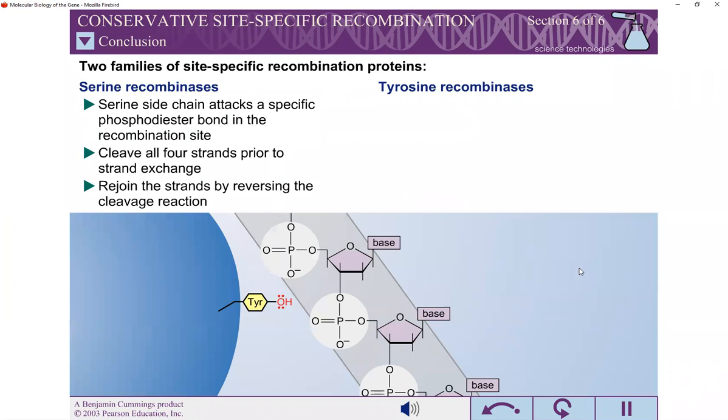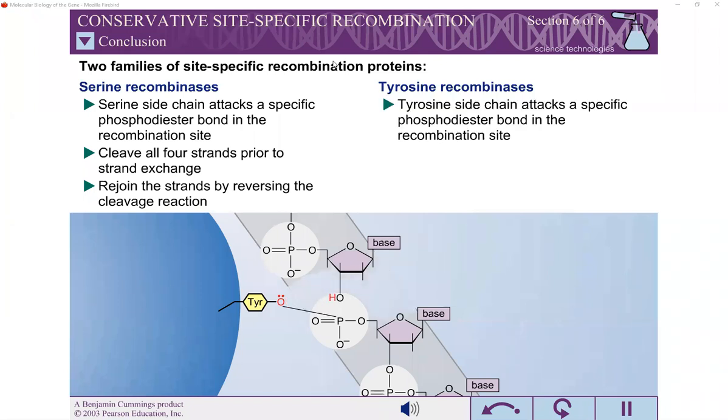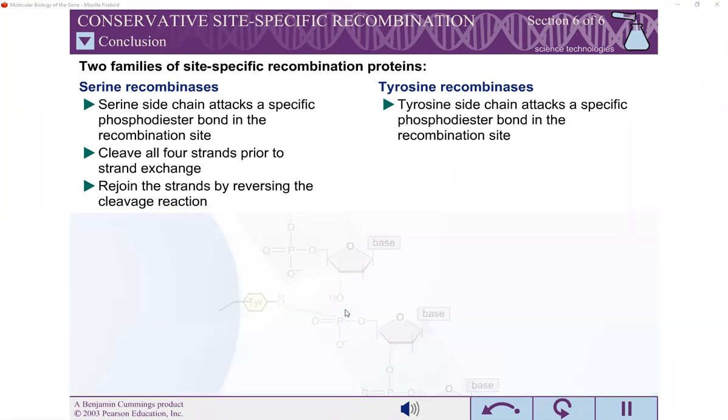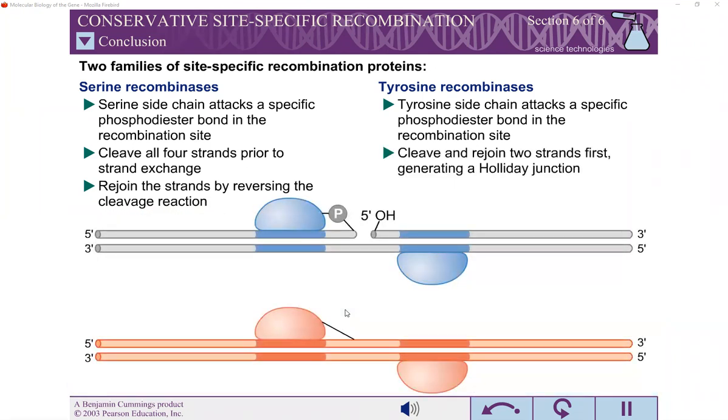Tyrosine recombinases use a very similar mechanism to that of serine recombinases, except a tyrosine side chain is involved in the cleavage reaction, rather than a serine side chain. The tyrosine recombinases cleave and rejoin two DNA strands first, generating a Holliday junction.